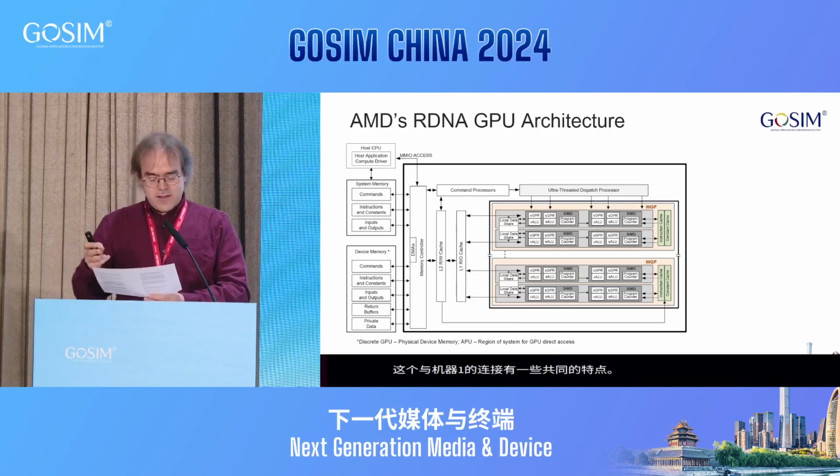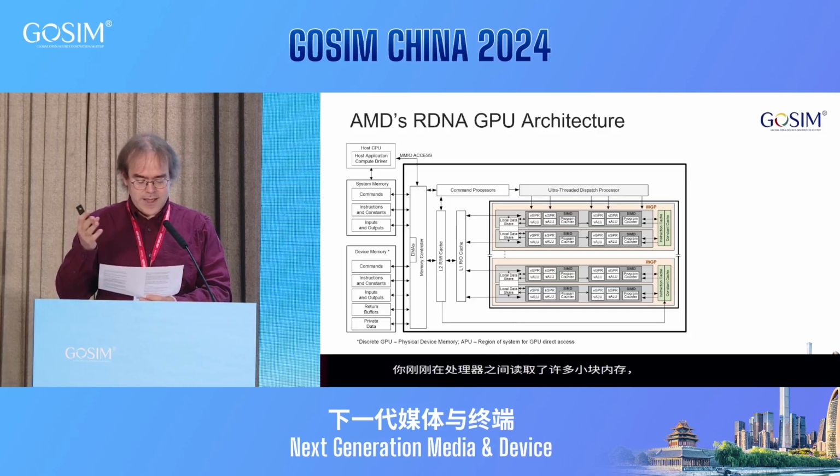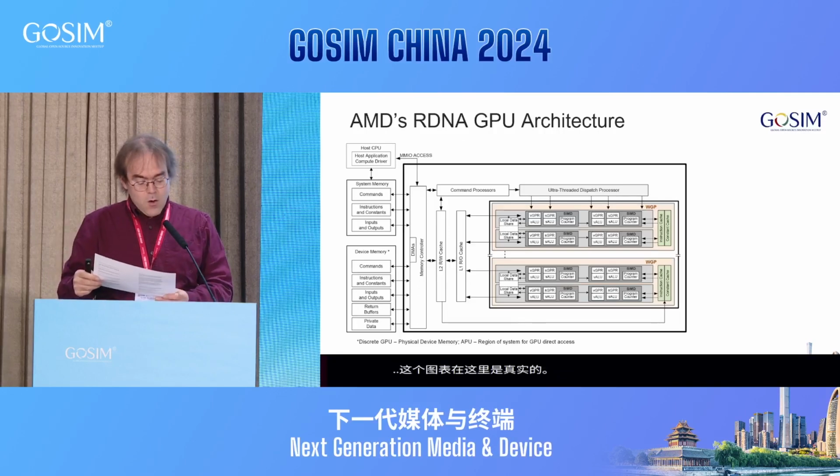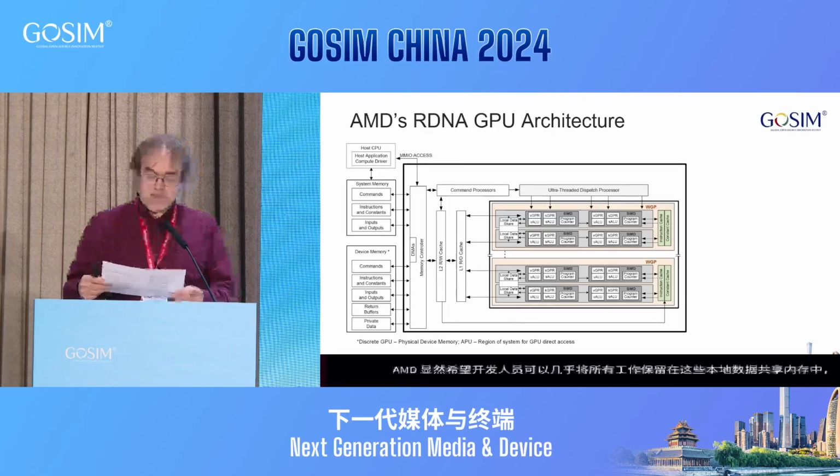Now, I want to be clear here, I'm not trying to suggest that the connection machine is somehow an influence on AMD's GPUs. There are a lot of parallel processing designs out there, hundreds and hundreds of architectures across research and industry, and I've just picked out the connection machine and AMD's RDNA as 2 examples. What I am suggesting is that the RDNA design shows echoes of ideas present in the connection machine.